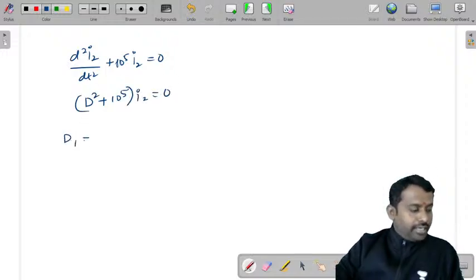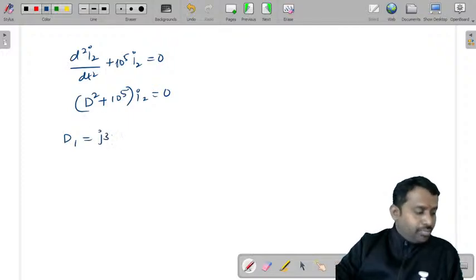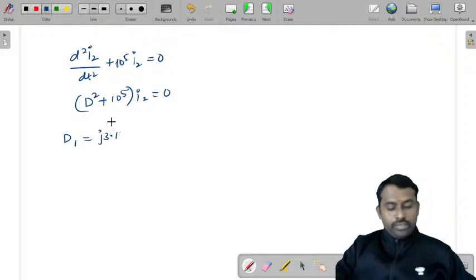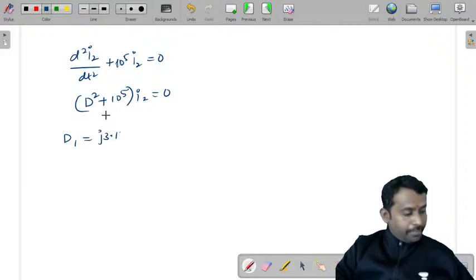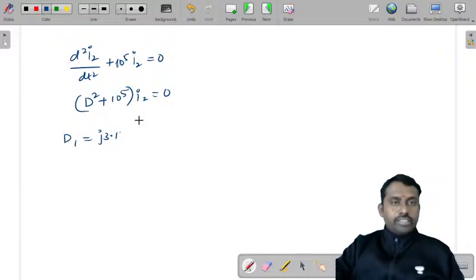If you solve this, you'll get the value of D1, D2 as j316 and minus j316.